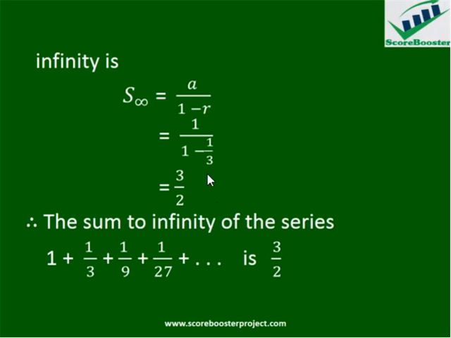So we now substitute the value of a, 1, over 1 minus the value of r, 1/3. 1 minus 1/3 will give 2/3. 1 divided by 2/3 is the same thing as saying 1 times 3/2. And 1 times 3/2 will give 3/2. Therefore, the sum to infinity of the given series is 3/2.